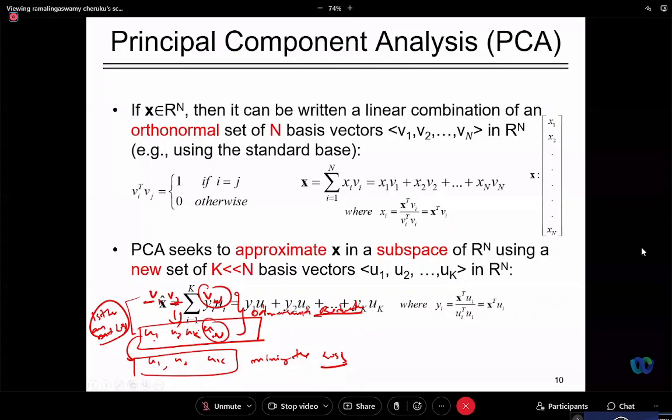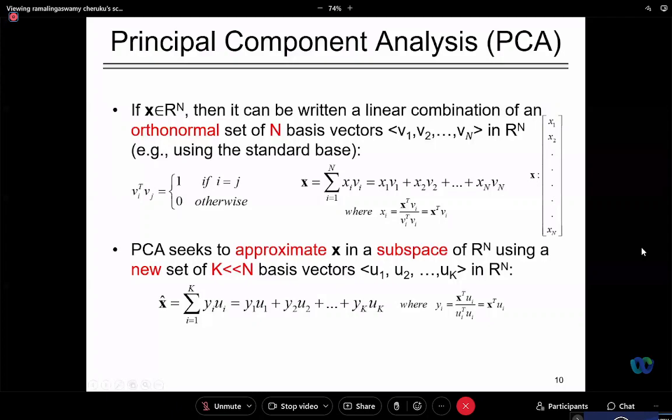PCA seeks to approximate an X, called X cap, by transforming to a new space where Y1, Y2, Yk are the components in the directions of U1, U2, UK. What are U1, U2, UK? They are the new basis vectors.